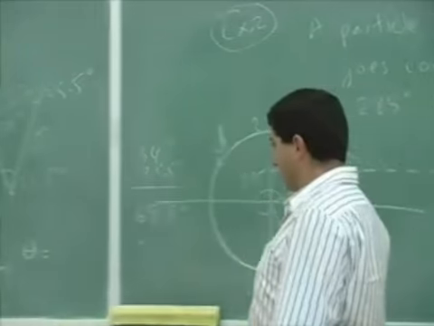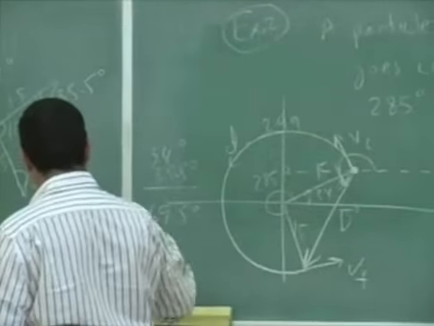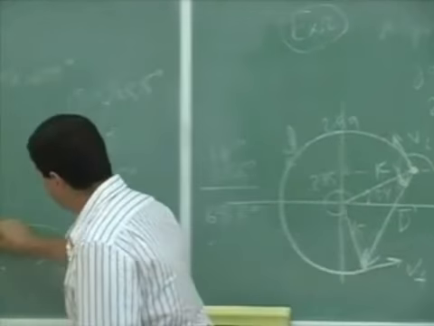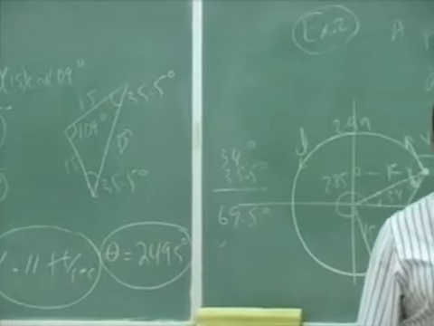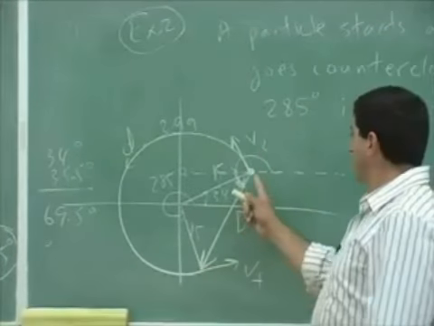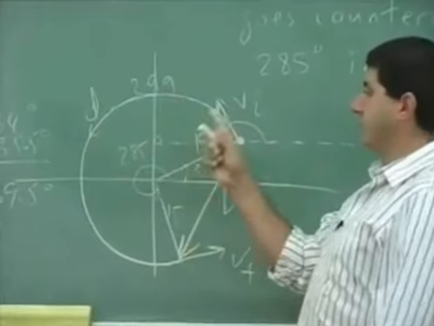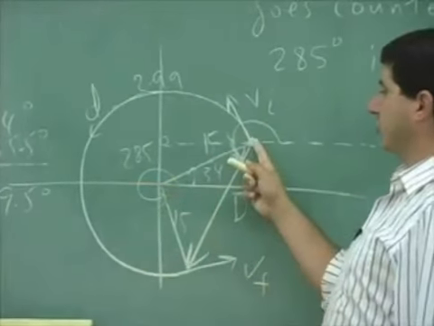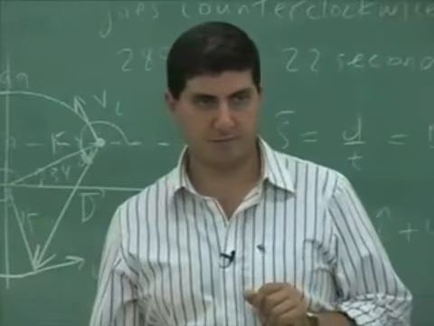The velocity vector is 249 and a half degrees, and this is its magnitude. Magnitude and direction, two pieces of info. So it's basically telling you if this particle goes this way, another person can be walking at 1.11 feet per second, headed at 249 and a half degrees, and they'll catch up to the other guy.